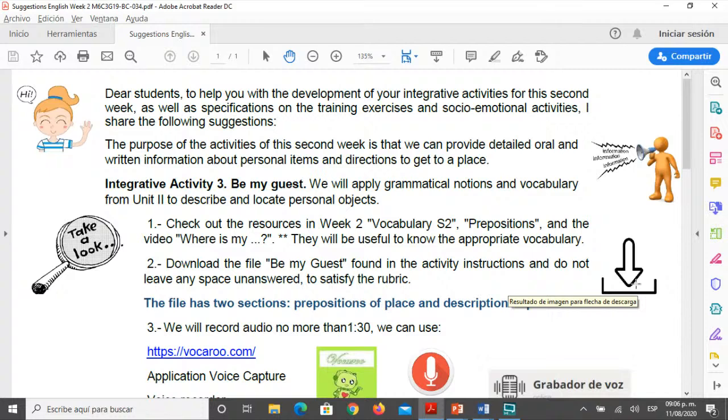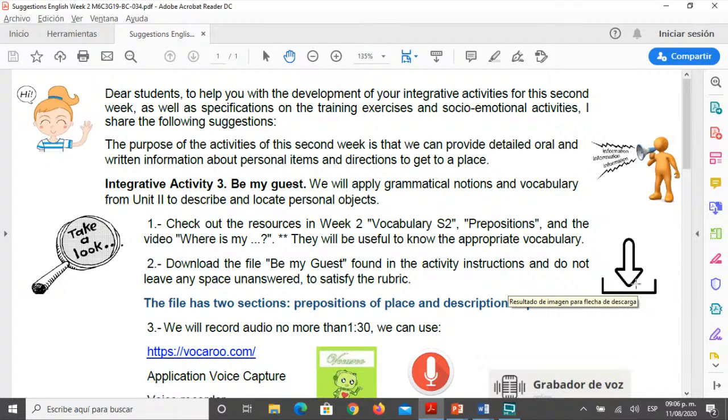You can find it right down there, like suggestions English week 2, and you already have this infographic file also in Spanish in the news forum too. So please read it. It's a very quick way because it's only one page, where I give you my suggestions step by step on what to do with the interactive activities and all the performance indicators of each unit.